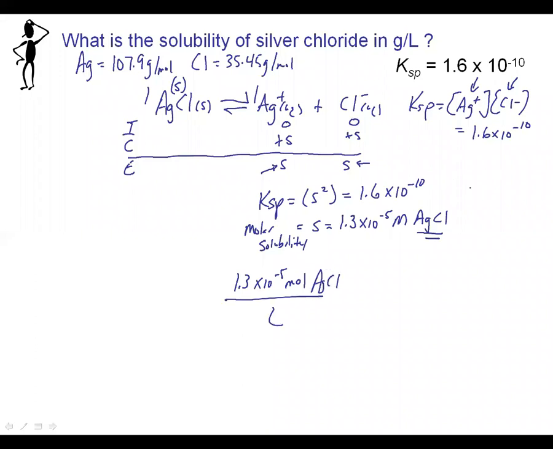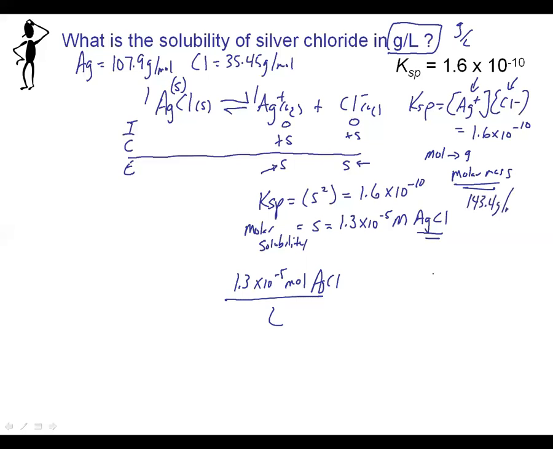But we're looking for the solubility here in grams per liter. So really, we need to convert from moles to grams. And again, we need the periodic table and the molar mass to do that. And if we add up that molar mass, we got 107.9 plus 35.45 gets you about 143.4 grams per mole.